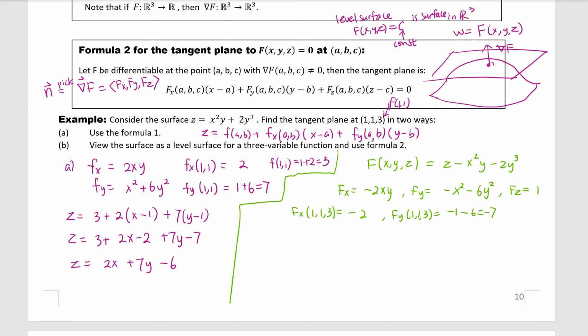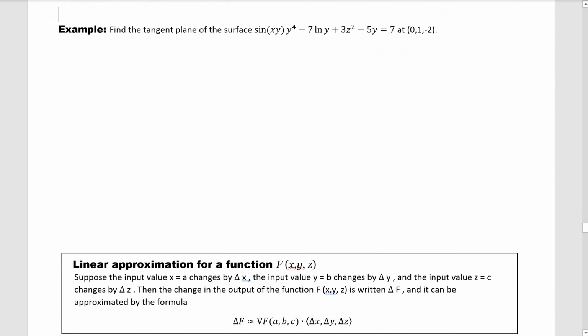Okay, let's continue. Find the tangent plane of the surface at the point (0, 1, negative 2). We would say the second method is more general because sometimes it's hard to solve for z in terms of x and y.